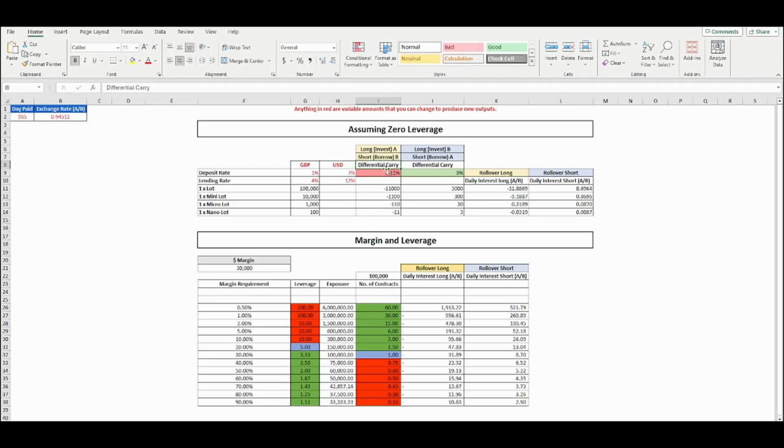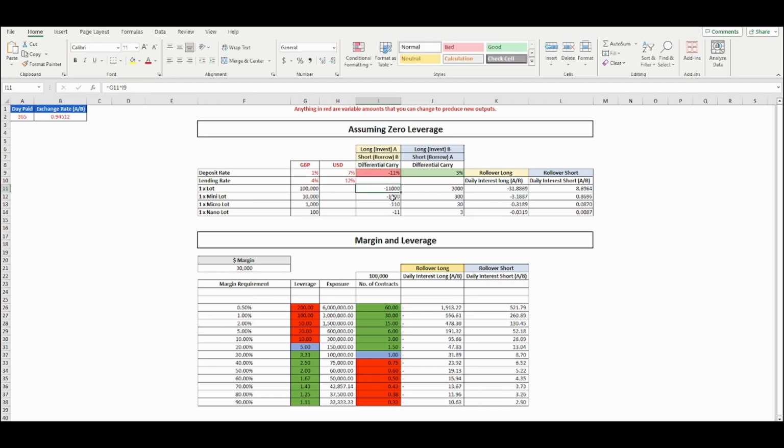The differential carry is essentially the difference between the deposit rate of one currency and the lending rate of the other. So in this column, this is essentially if you were to buy GBP USD, so you would go long on GBP, which is currency A, and you would short USD at the exact same time, which is currency B. And the difference is 12% minus 1%, the deposit and lending rate.